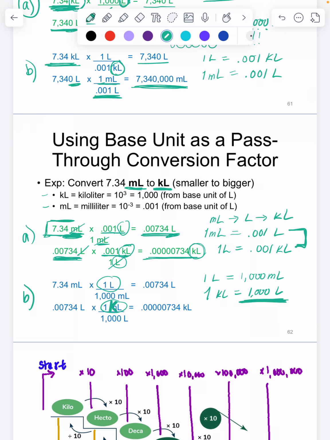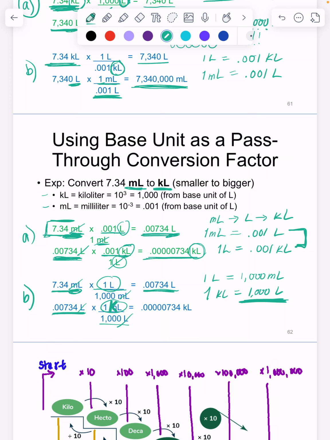Okay, so let's try this out, right? 7.34 milliliters times 1 liter per every 1,000 milliliters. I cancel these. And in the same way, I'm just dividing it out and I'm getting my smaller number, which checks out. I want it to get smaller. Okay, bring that smaller number down, multiply by 1 kiloliter per 1,000 liters.